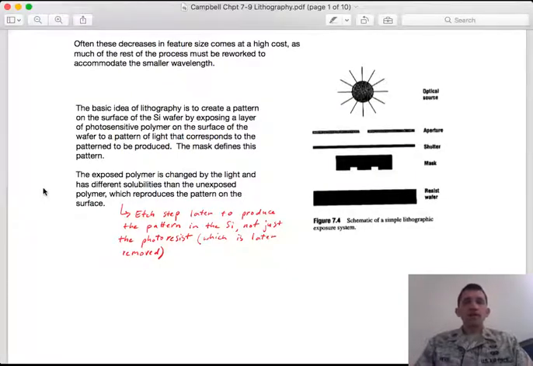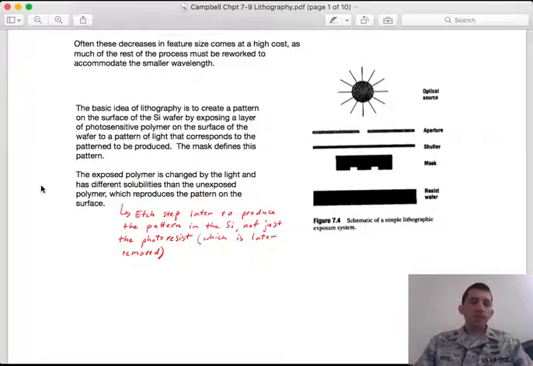So as I go from UV to deep UV to soft X-rays to X-rays, the optical properties of my optical elements, like lenses in my optical train as I'm moving the light to the surface, are all wavelength dependent.